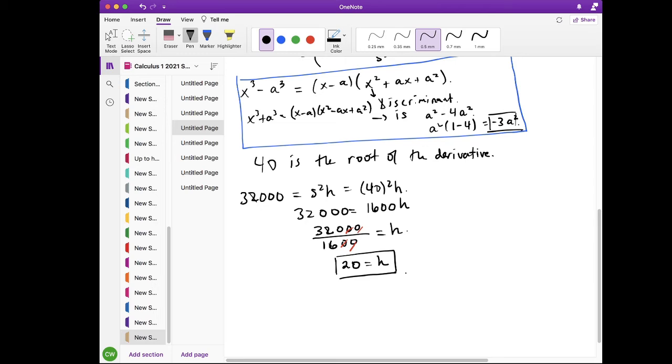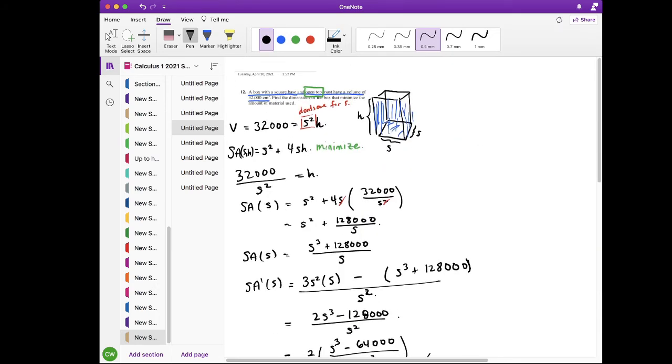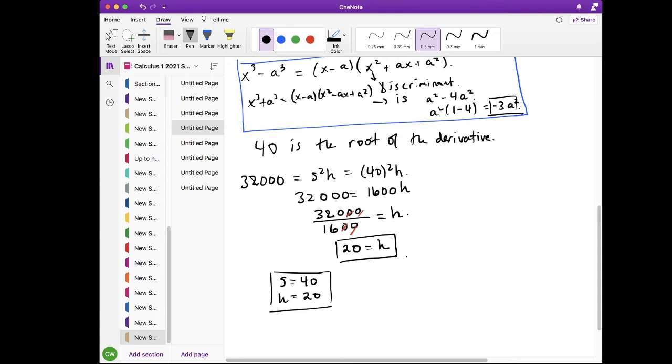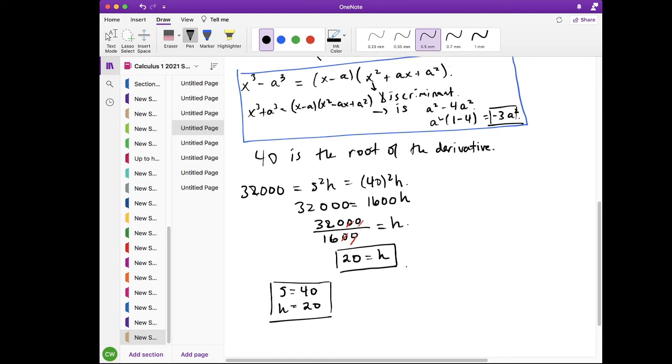So our s is 40 and our height is 20. So these are the dimensions whose volume is 32,000 that minimizes a box with an open top. Okay. So questions on this one?